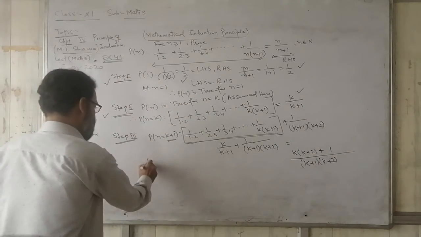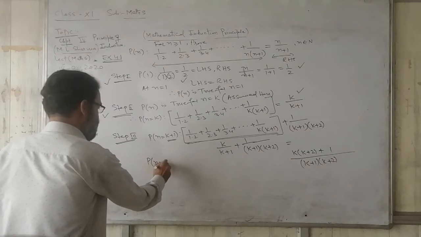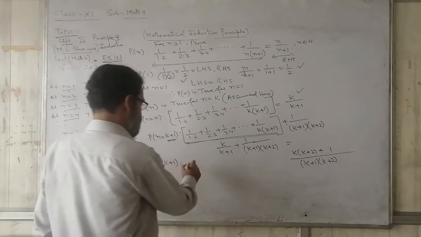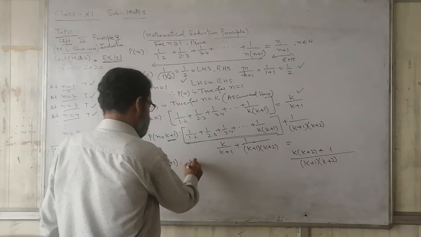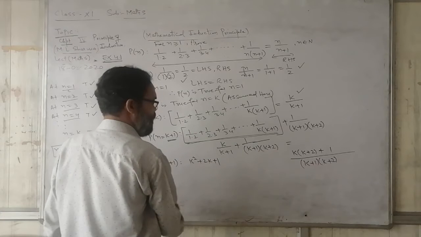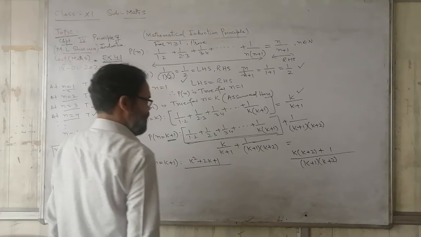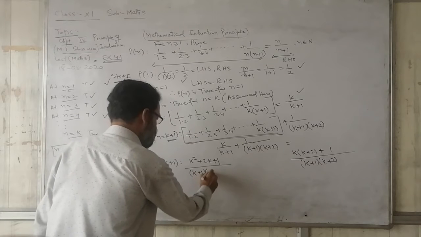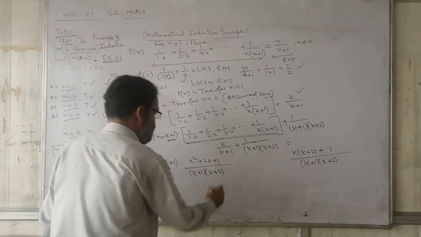So this is the value of P n equal to k plus 1, that is k square plus 2k plus 1 in numerator, and in denominator it is k plus 1 and k plus 2.